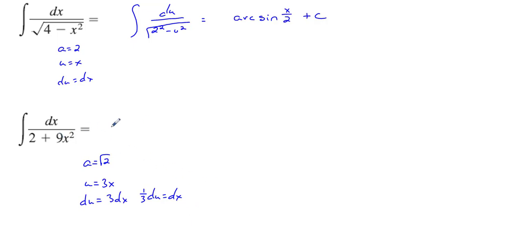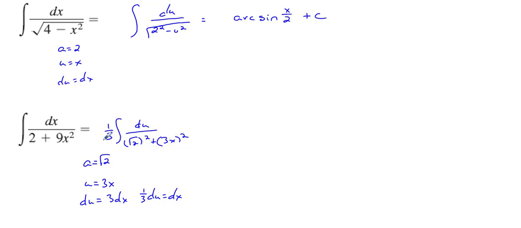All right, so we can rewrite our antiderivative. We have du, 1/3 out in front, and then square root of 2 squared plus 3x quantity squared. Can I just go straight to this u and a quantity squared?